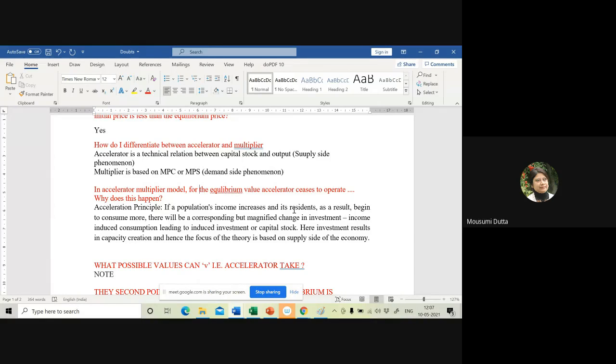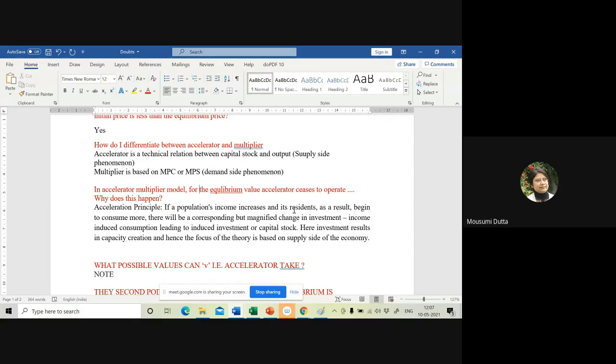However, when I am using an accelerator, we are talking about a relationship between capital stock and output, so it is some relation between I and Y, investment and income. So it is a supply side phenomenon.